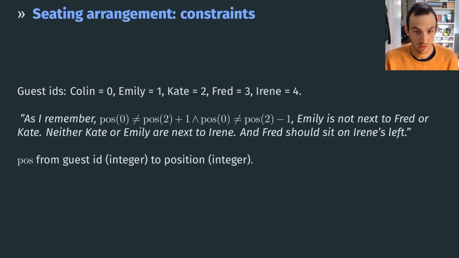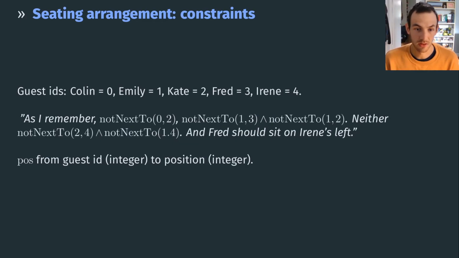In our model, we say that the position of Colin, so pos of 0, is different from the position of Kate plus 1, so not on the right of Kate. And then position of 0 is different from position of 2 minus 1. So Colin is not next to Kate because he is both not on the left of Kate and not on the right of Kate.